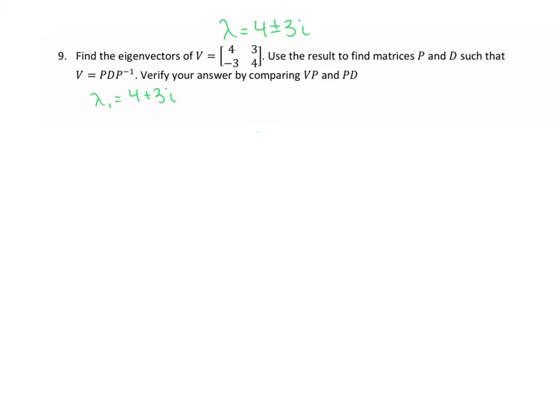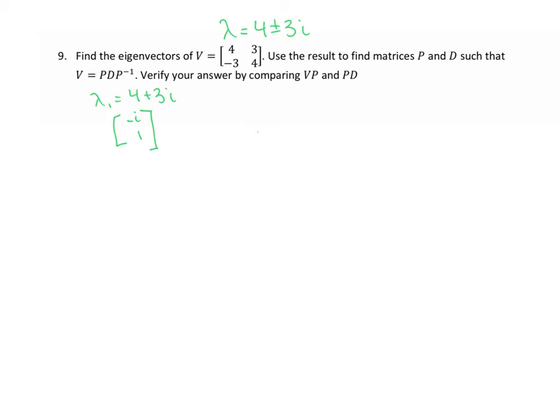You should get an eigenvector of negative i, 1. If you did, you can skip ahead on this video a little bit. If you didn't, I'll explain it.